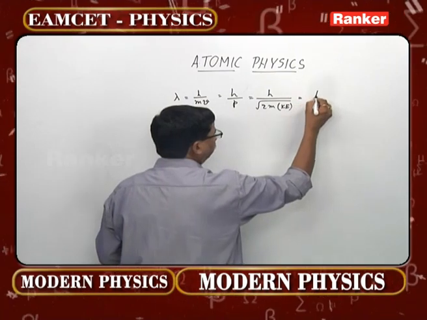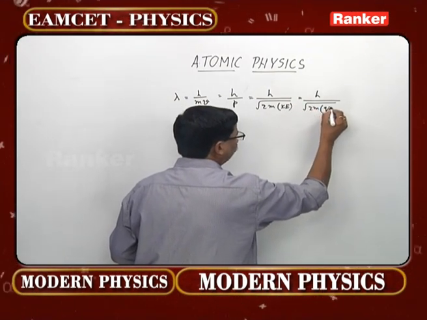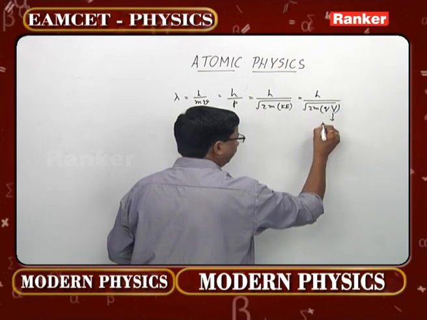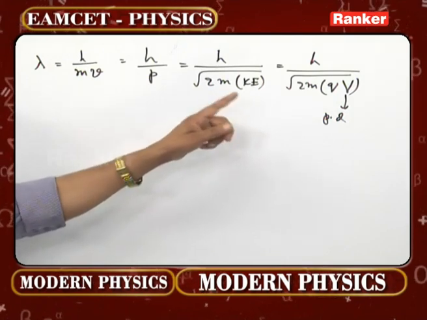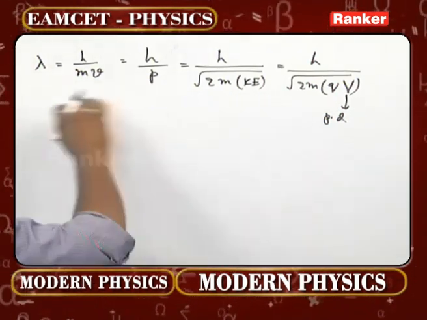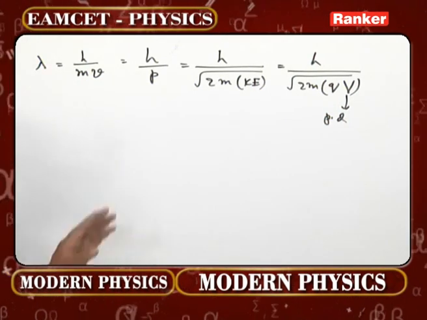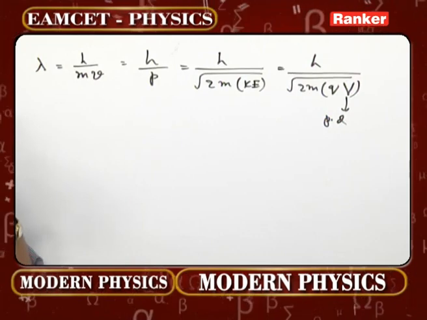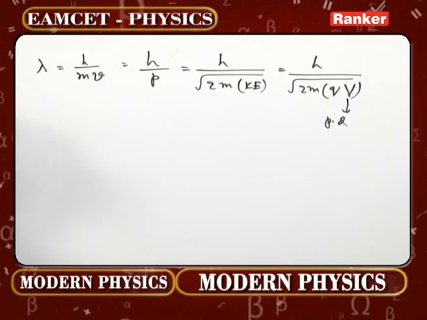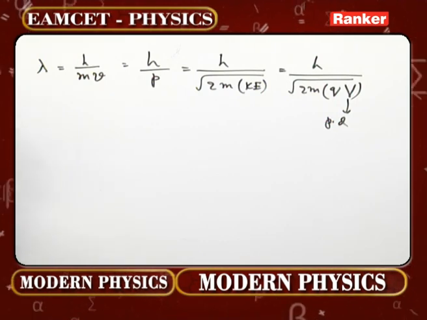In other words, h by root of 2m into qV, where V is the potential difference and q is the charge. If you can remember this chain of equations, any problem that comes on de Broglie's hypothesis, one can easily solve. So these are the major formulae one should remember before taking up this chapter, atomic physics as such.